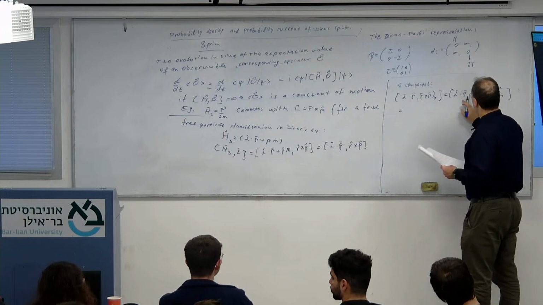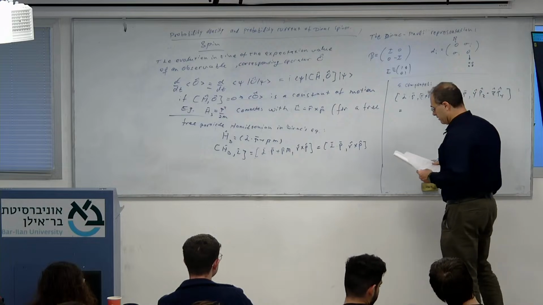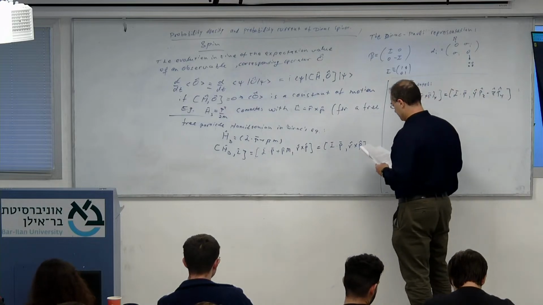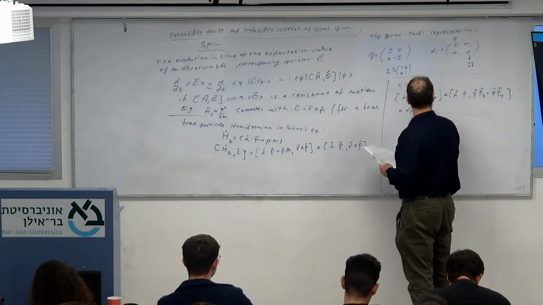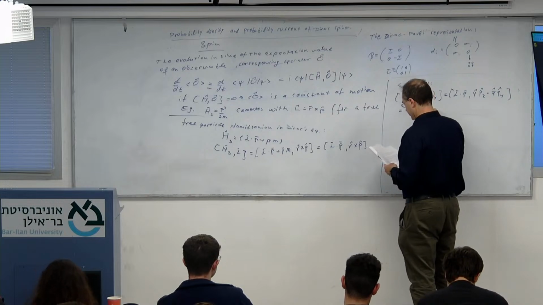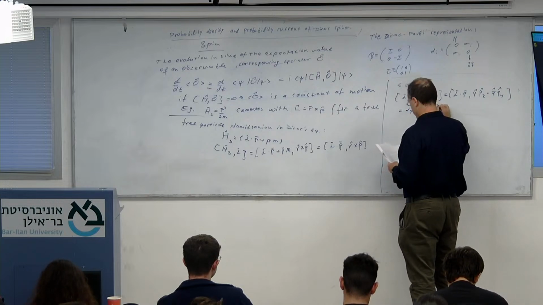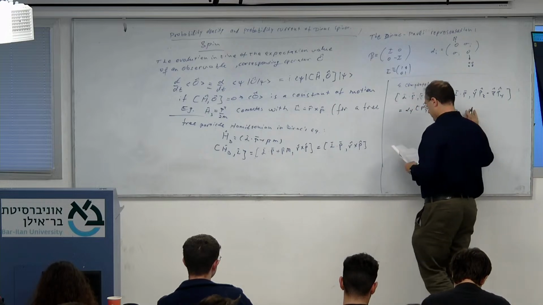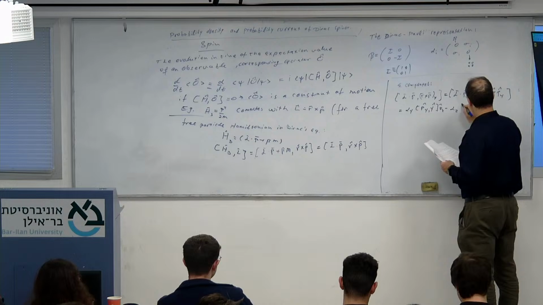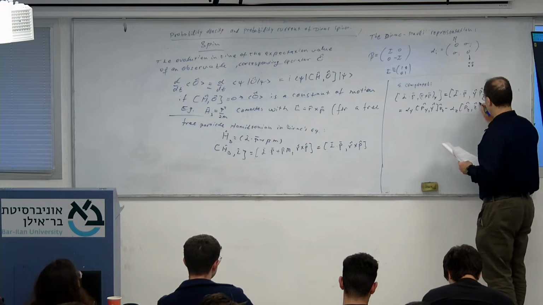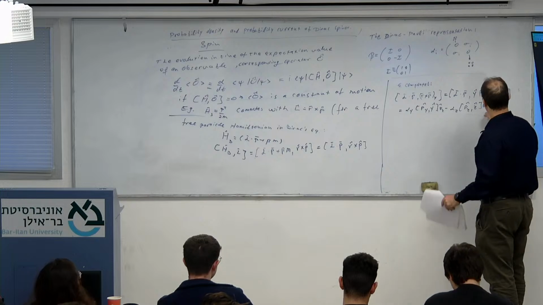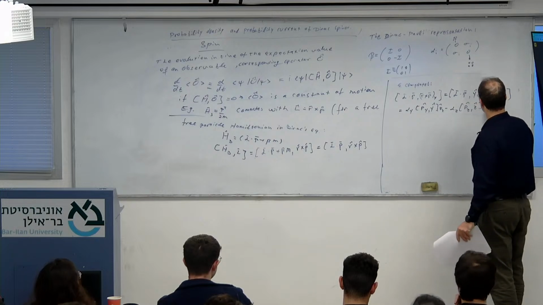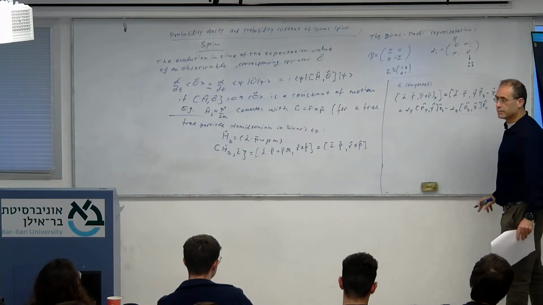We have here a dot, so alpha dot p, so we'll have alpha y py minus alpha z pz, and so on. The p and p of course commute, so I just need these two.